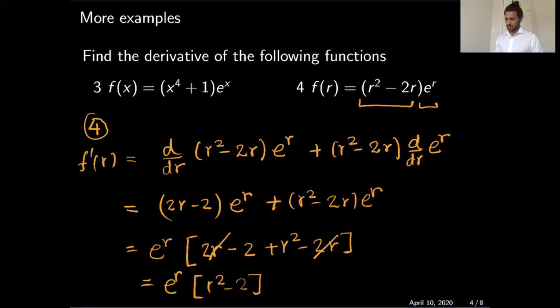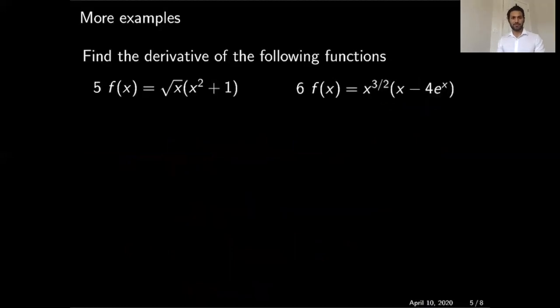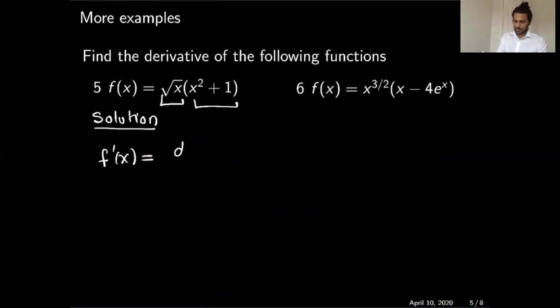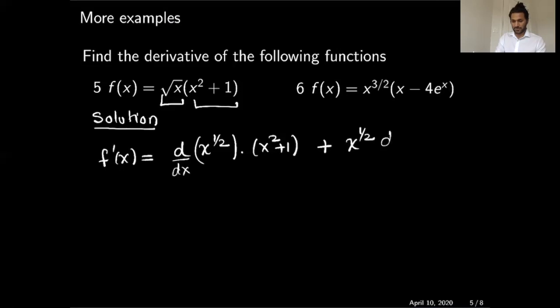Okay, next I have two more problems where we can practice the derivative. So problem number 5. So again, the product of these two functions, so derivative f prime of x will be dy by dx of x to the power 1/2 times x square plus 1, plus x to the power 1/2 times dy by dx of x square plus 1.